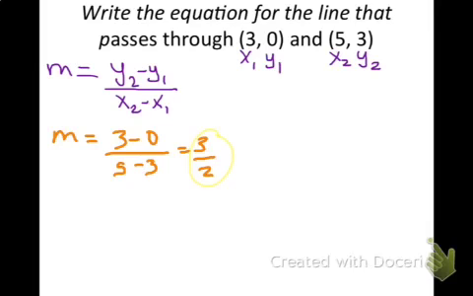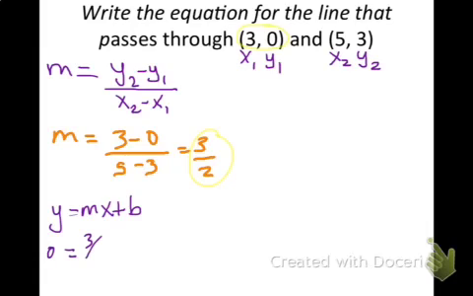Now that we have that information, we can use the steps that we've used before to find out what our y-intercept is. So we know that slope-intercept form is y is equal to mx plus b. So what we can do is choose one of these coordinates. I'll choose the first one. And we're going to plug the x and y values along with our newfound slope to find out what the b is. So y is 0.